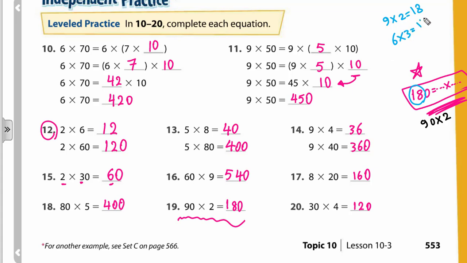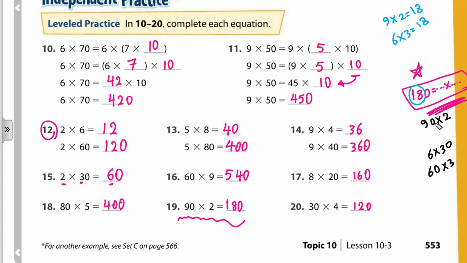Yes. So we can use this one. It will be 6 by 30, or 3 by 60. Excellent.